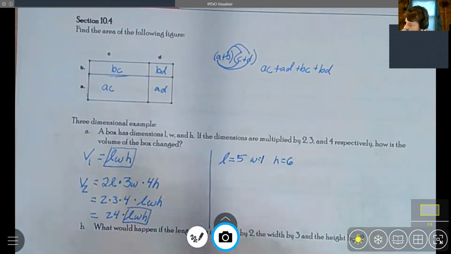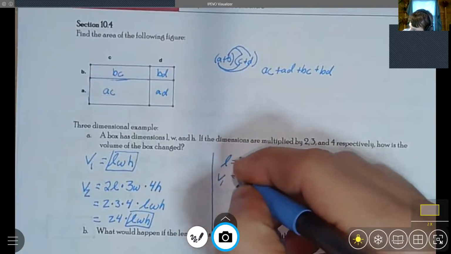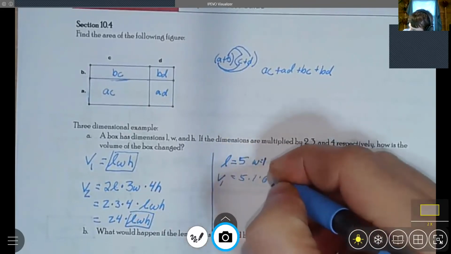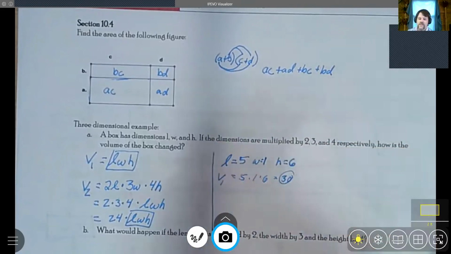Okay, so then the volume of my original box would just be 5 times 1 times 6, which is 30. So then we would expect the volume of my larger box to be 24 times 30, which is 720.